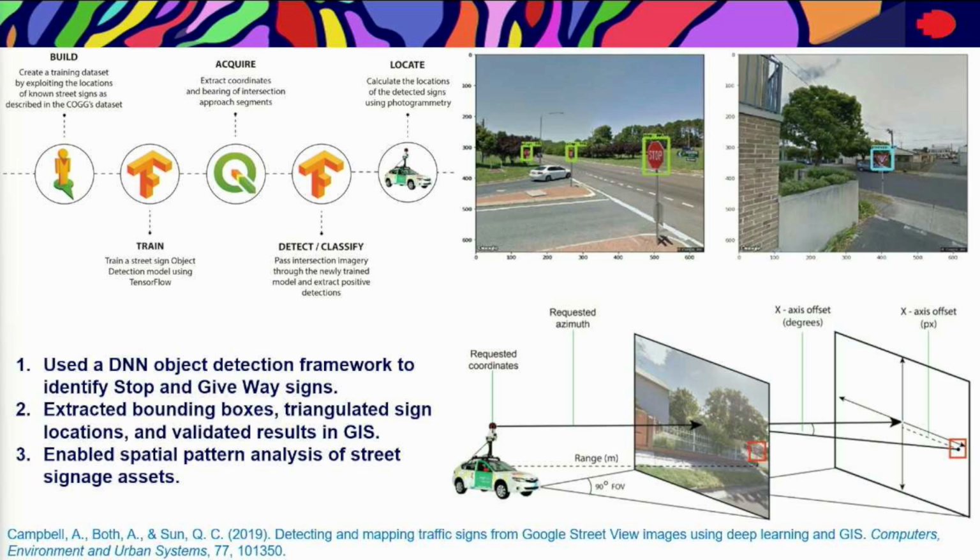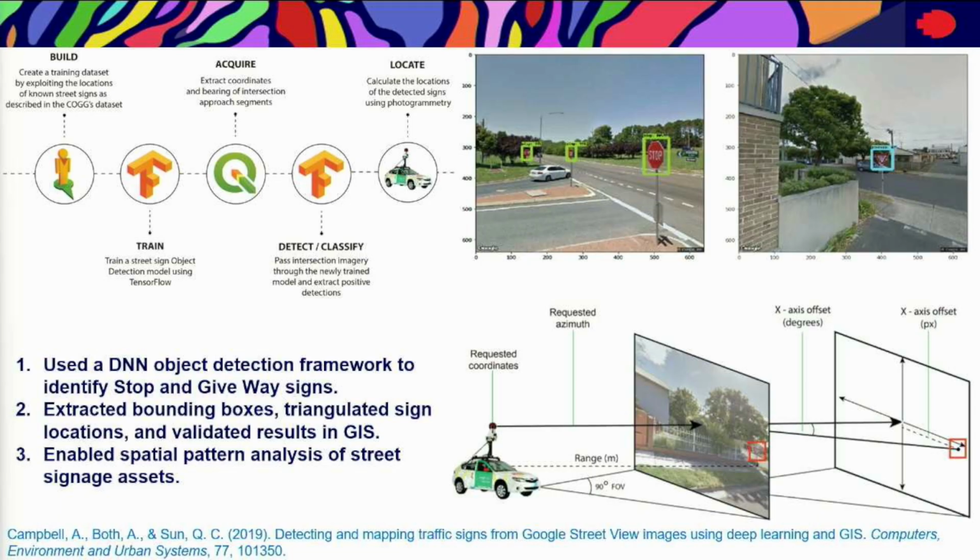We used the Google Street View imagery to perform object detection to derive street signs, the stop sign and the gateway sign. This was about 6-7 years ago, published in 2019.